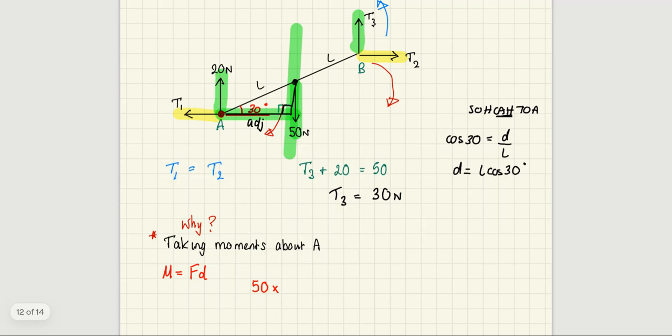So here I can put that in there. So 50 L times cos 30. Plus what? Well, we've got this one here.